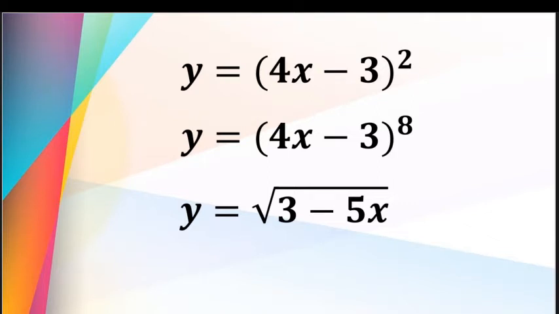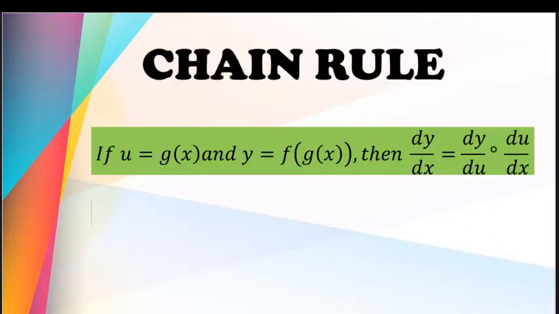The chain rule is needed to find the derivative of some functions such as those mentioned. It is also needed in computing the derivative of trigonometric and exponential functions. Now, let's have the definition of the chain rule.